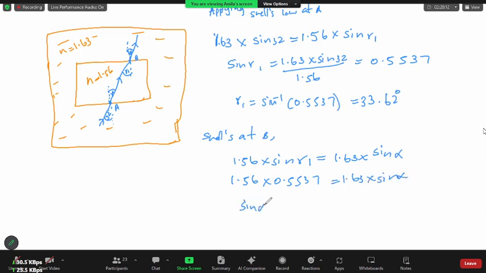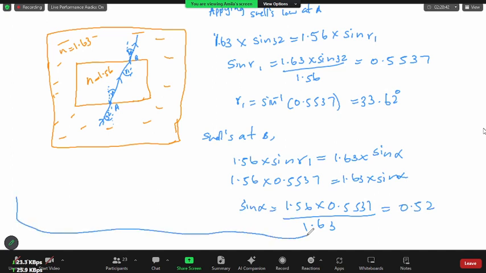So sine alpha you can calculate using these values, right? Which is 1.56 into 0.537 divided by 1.63, which is 0.52.